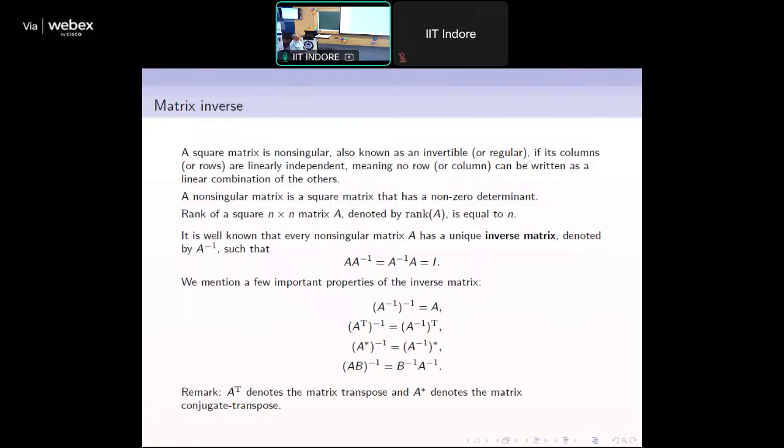So if the input matrix is an n times n matrix, this matrix is invertible if all n rows or n columns are linearly independent. Also, it means that the determinant of a non-singular matrix is non-zero.